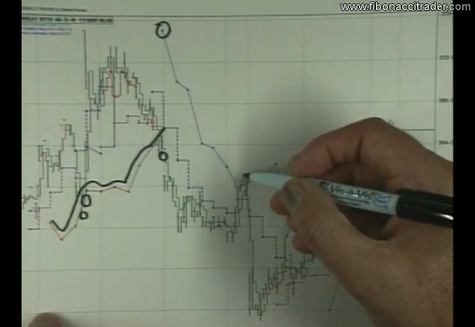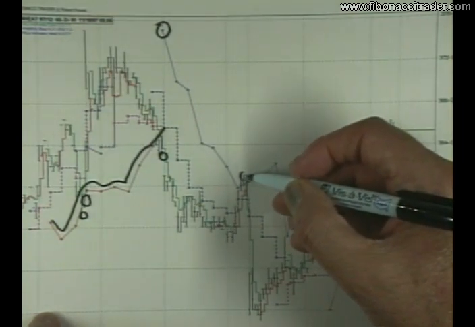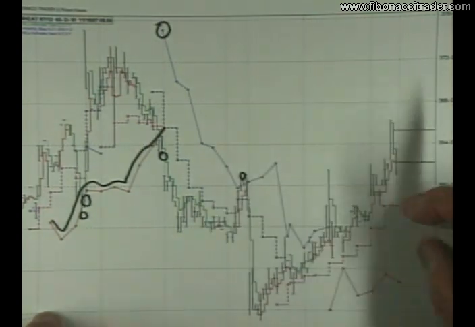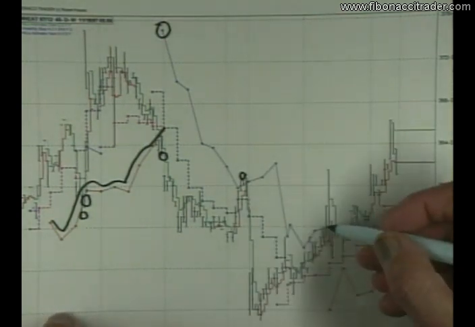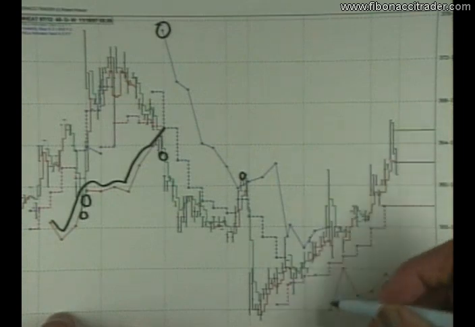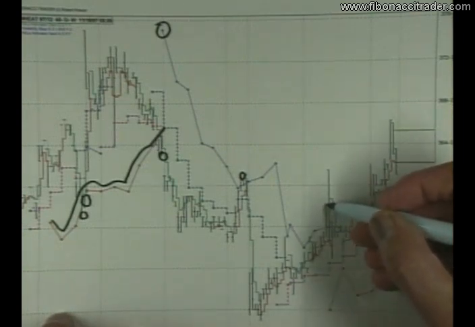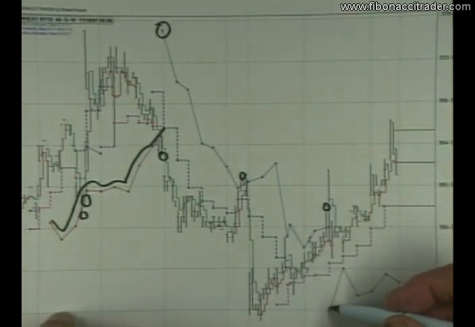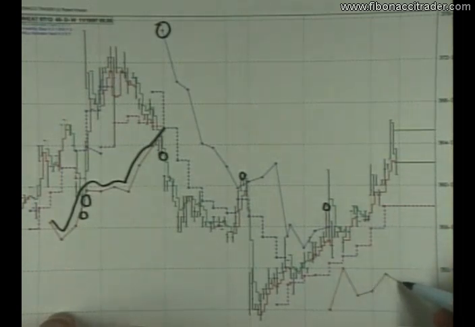And you can see even on an intraday basis, we only have one close above this line until there is a daily close, of which once again the support comes in and the uptrend begins.